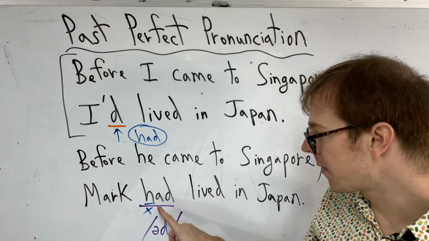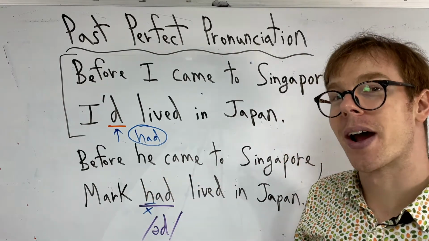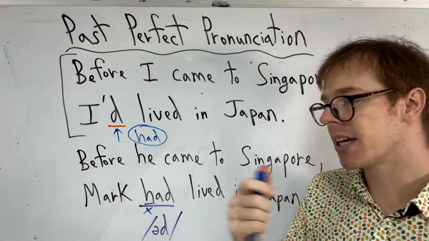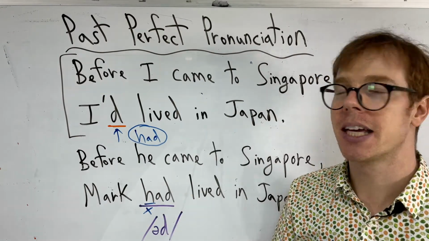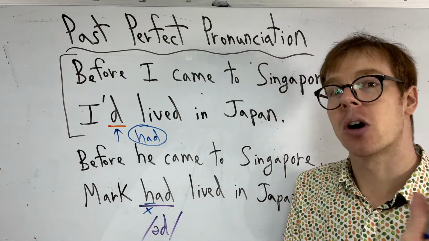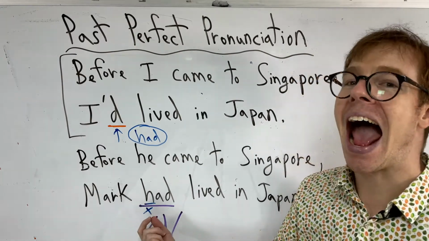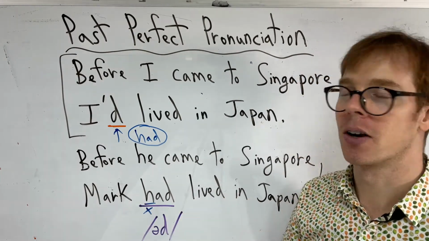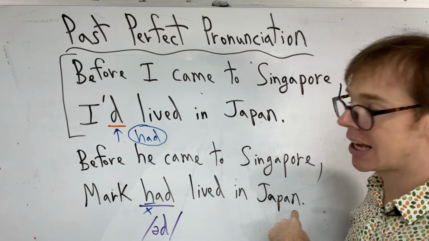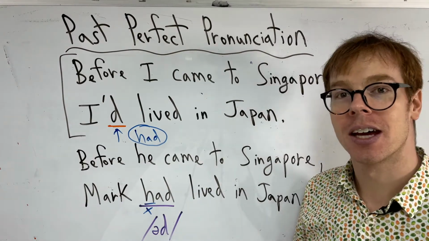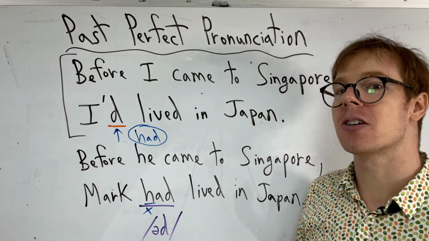Whenever I say had, when I'm speaking native English, when I'm speaking quickly, speaking with my family, speaking with my friends, I don't say Mark had lived in Japan. The had, I shorten, I make it easier to say.